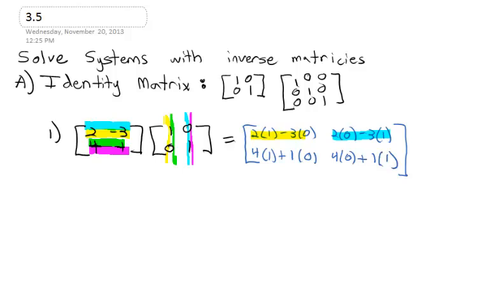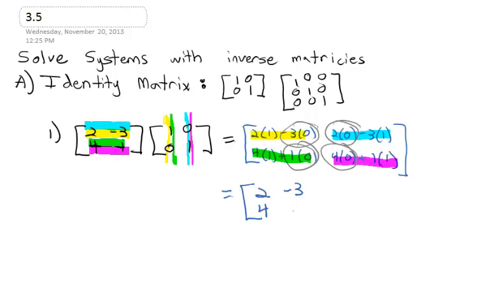What you notice about all of these is when we multiply by 0, that 0 part goes to 0, so those are all gone. So all that's left in this matrix is 2 times 1, -3 times 1, 4 times 1, and 1 times 1.